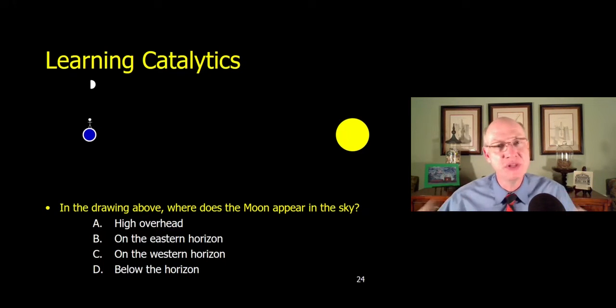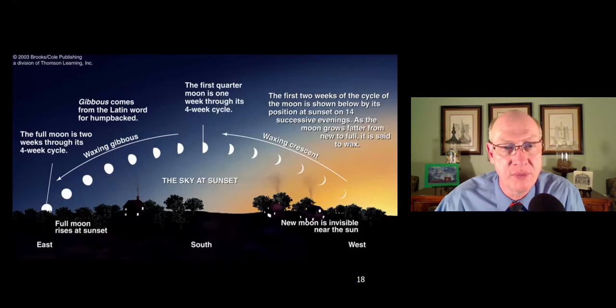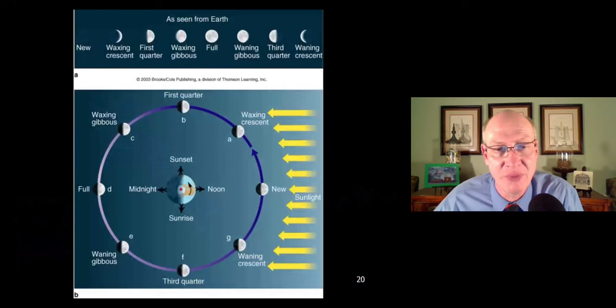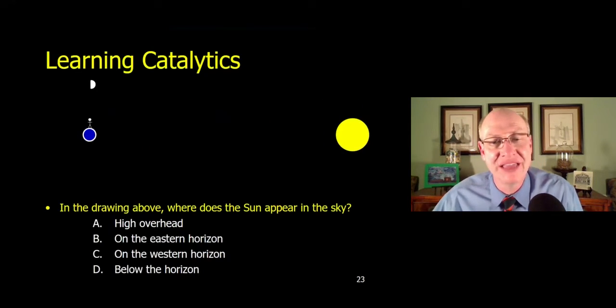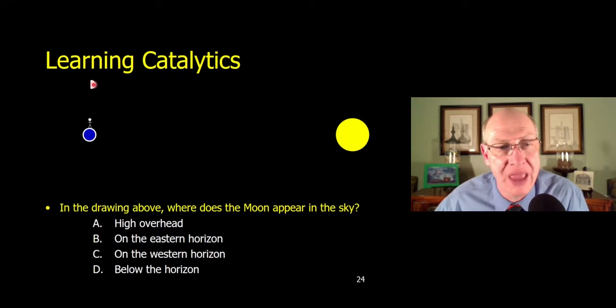Now, let's put some of these facts together. The time of day here is sunset. The phase of the moon is first quarter, right? You can get first quarter moon from remembering this diagram right here. So you've got the observer at sunset. You've got that first quarter moon high over the sky right there. Here's the thing. The first quarter moon is always at its highest in the sky at the moment of sunset.